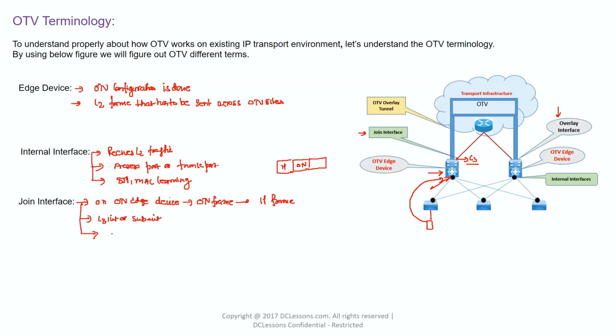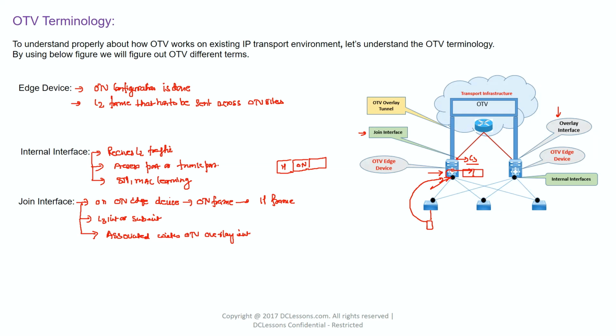Join interfaces are associated with the OTV overlay interface. Once an Ethernet frame reaches the edge device, it is sent to the logical OTV interface, where the Ethernet frame is encapsulated with the OTV header.